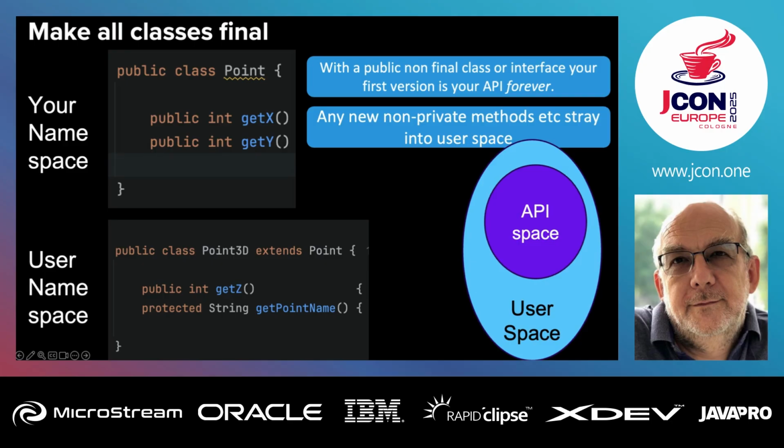And so if you make things final, you know that people aren't going to subclass you. I mean, subclassing is just stupidly bad in these examples. But because you don't create things as final, people do subclass you, even though you don't realize it. And then what happens? You do a version 2 and you get a clash.